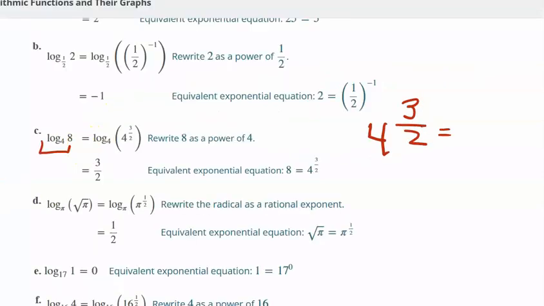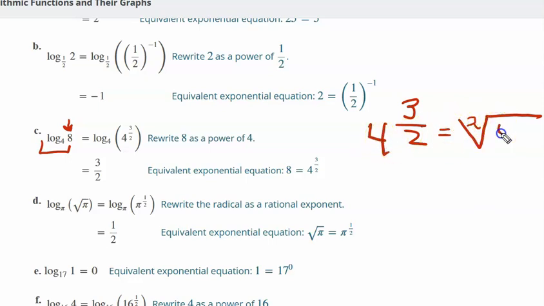Now, I'll switch to the book because they have it worked out nicely here and saves me a little bit of writing. So there was the original. Now, how can we put this 8 as to some base of 4? Well, 4 to the 3/2. And remember, if we convert that to its radical form, this denominator becomes our index number 2 that we don't write.